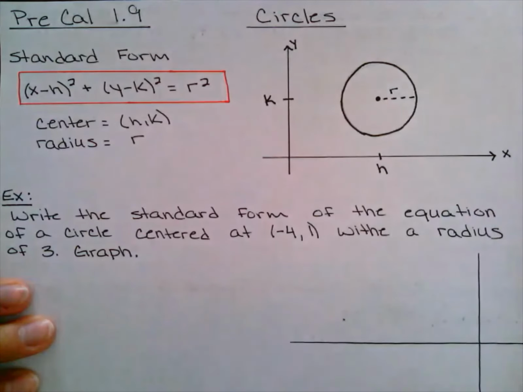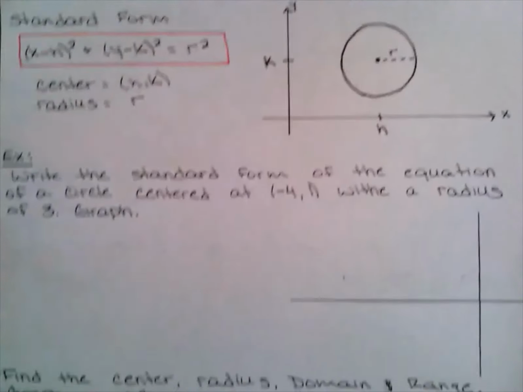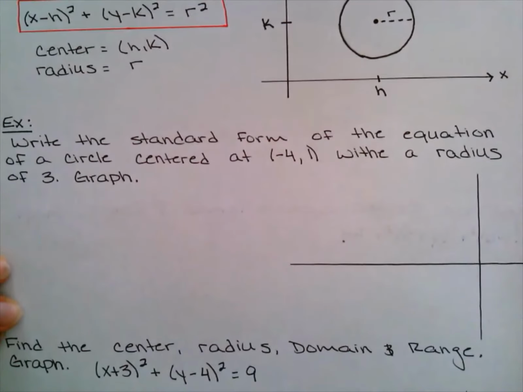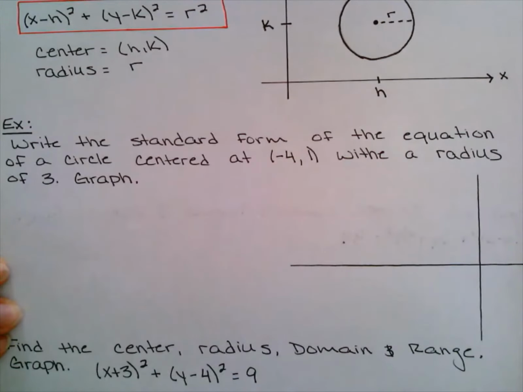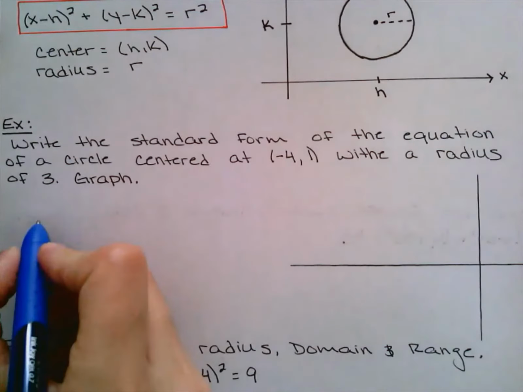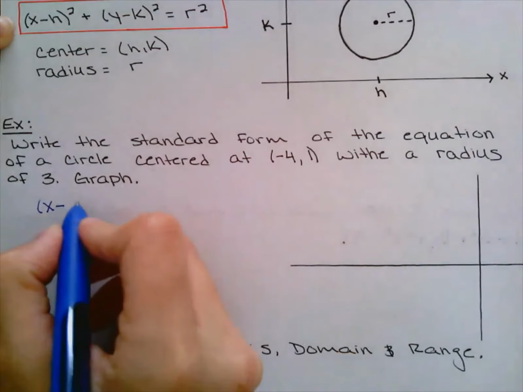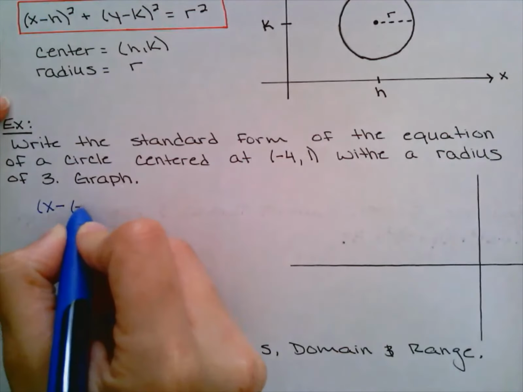Let's just do a quick recap and look at some of these questions. We have: write the standard form of the equation of a circle centered at (-4, 1) with a radius of 3, and then graph it. Sorry for that typo there. If I'm following my setup here, I have x minus my x value, my h is -4, so be careful with all those negatives.